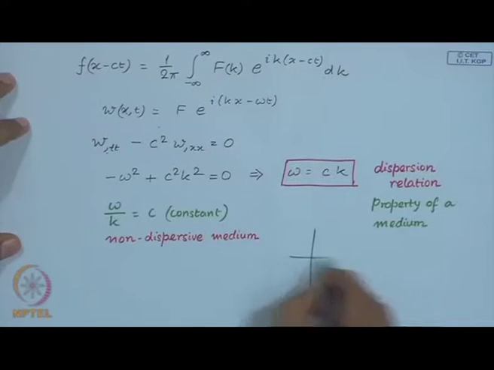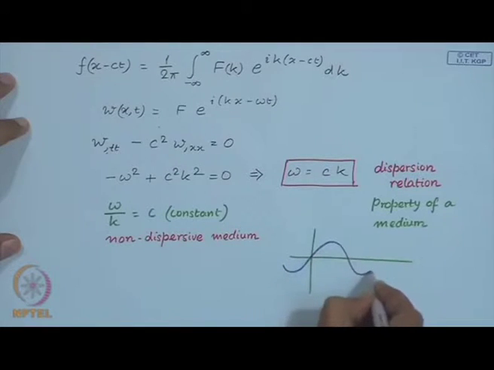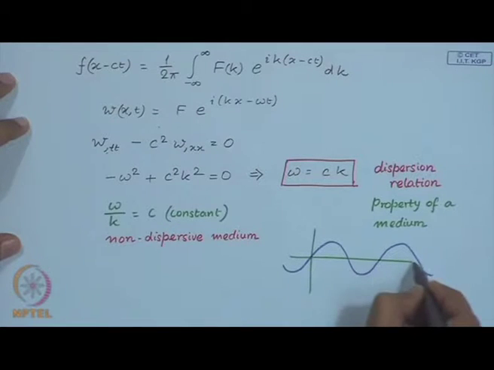When a harmonic wave propagates, it is associated with a wave number and a frequency. The wave number is related to the length of the wave, the wavelength. Suppose this is the wave that is propagating.